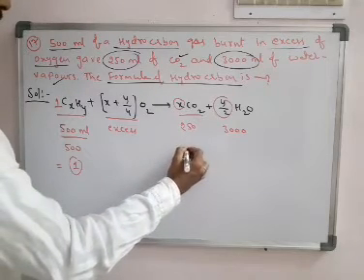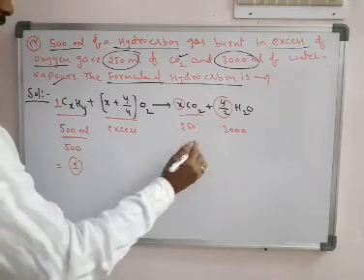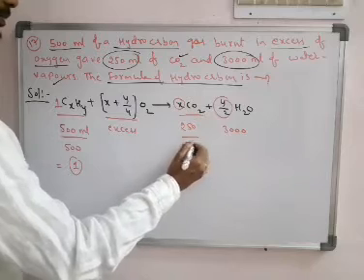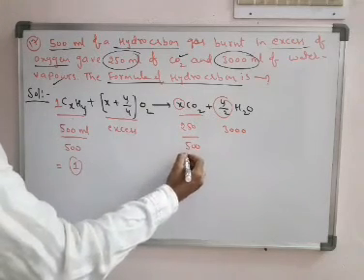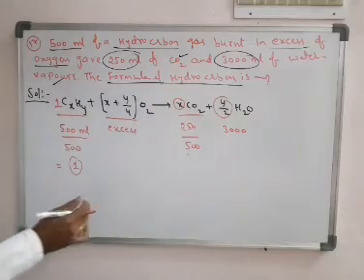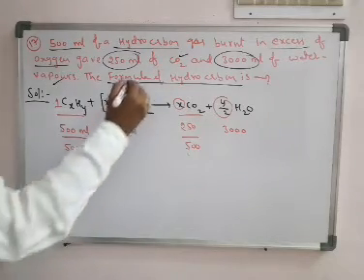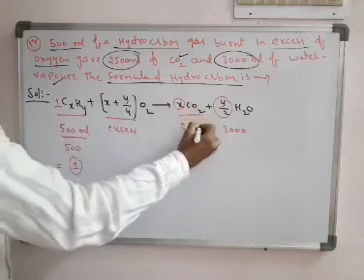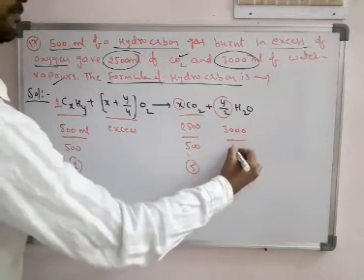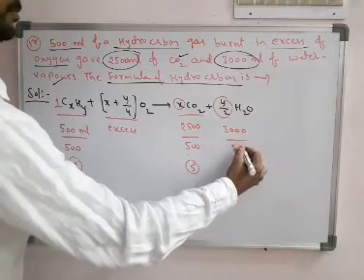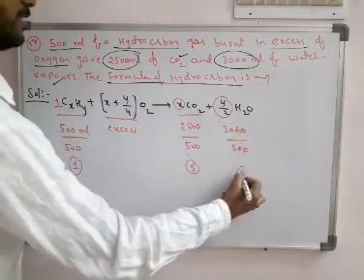Next, 2500 divided by 500 gives 5, and 3000 divided by 500 gives 6 moles.